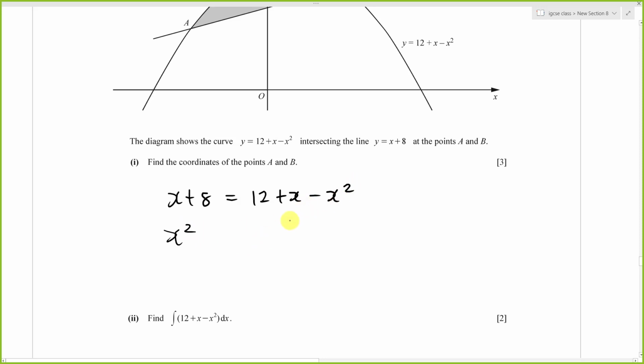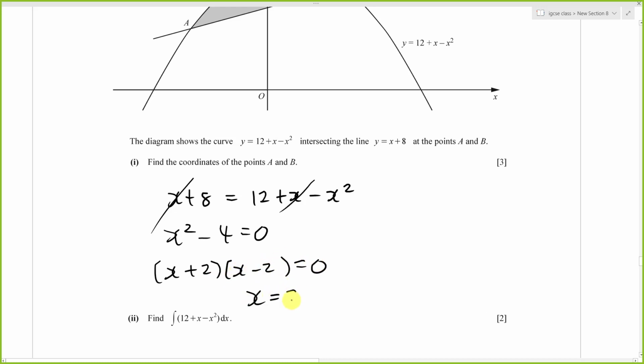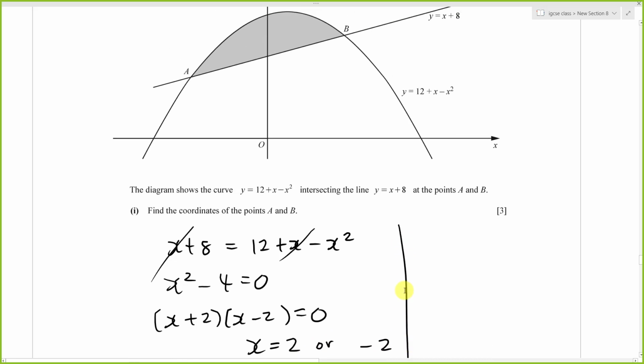So x squared, and x minus x is gone. This one will be minus 4 equals 0. Then x plus 2, x minus 2 equals 0. Then x equals 2 or negative 2. But the question asks about coordinates, right? So we shouldn't stop here.